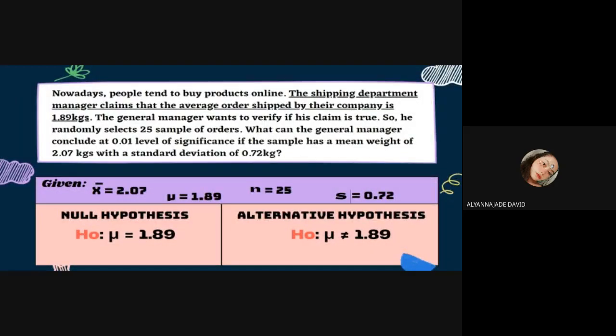The general manager wants to verify if his claim is true, so he randomly selects 25 samples of orders. What can the general manager conclude at 0.01 level of significance if the sample has a mean weight of 2.07 kilograms with a standard deviation of 0.72 kilograms?